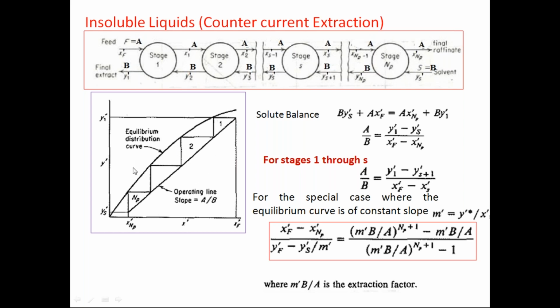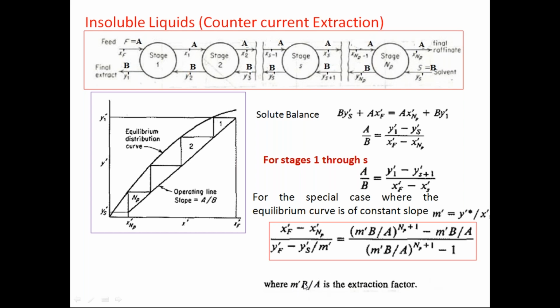Like in counter current absorption and stripping, you have already known this procedure. Again, by assuming that the equilibrium curve has a constant slope so that it becomes a straight line, the slope is y prime star by x1. So m prime is the slope of the equilibrium line, and then this equation can be used to find out Np, where m prime B by A is the extraction factor.